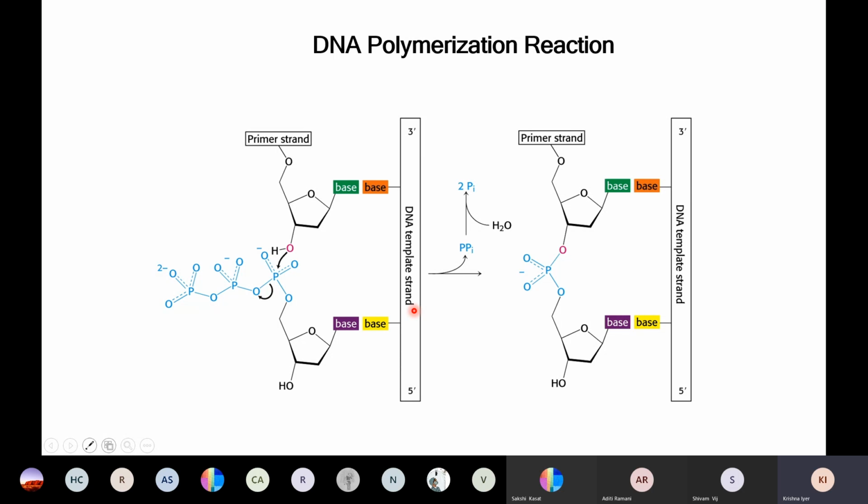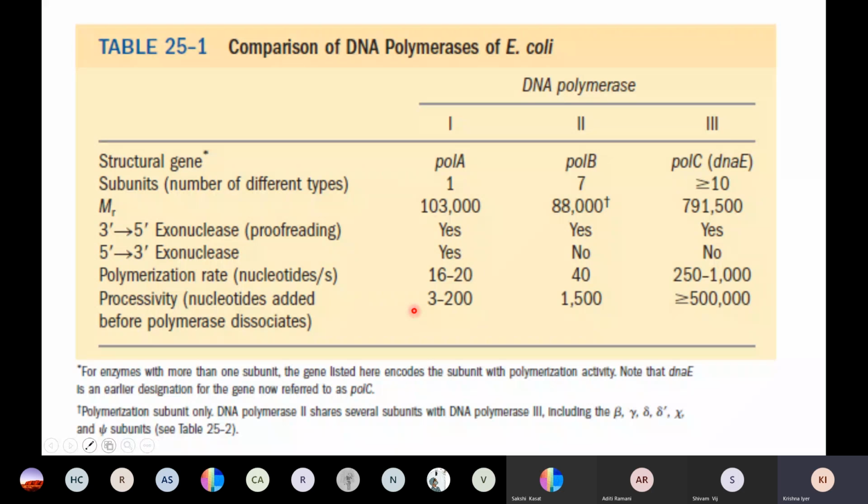In E. coli, they actually found 3 polymerases, which are called polymerase 1, 2 and 3, discovered in this sequence. Okay, so the numbers 1, 2 and 3 are given because of the chronology of their discovery. This one was discovered first, this one was discovered second, and this one was discovered third.